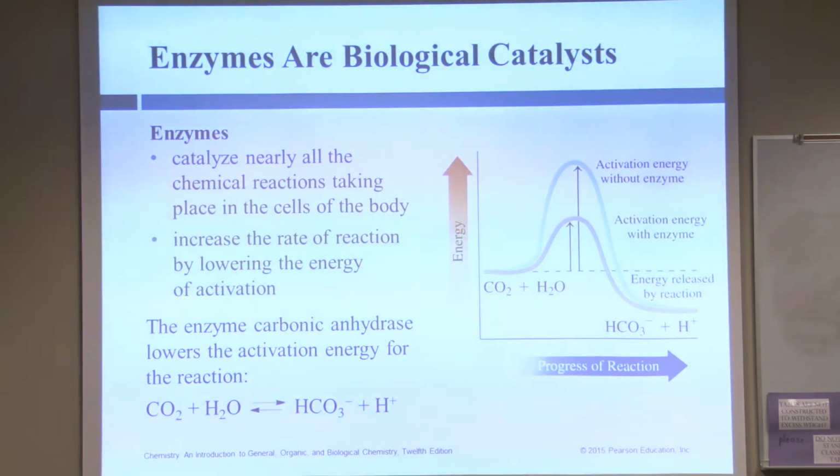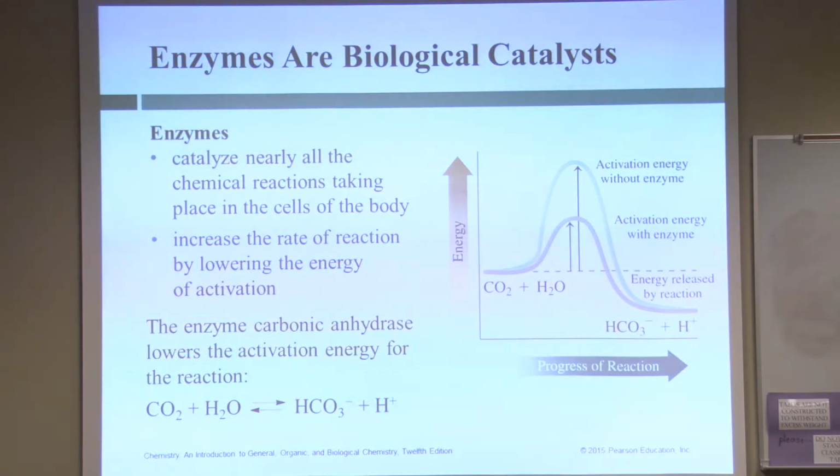In this particular reaction, we are seeing the enzyme carbonic anhydrase. It is lowering the activation energy of this reaction, where the enzyme carbonic anhydrase catalyzes the rapid reaction of carbon dioxide and water to bicarbonate and hydrogen ion.